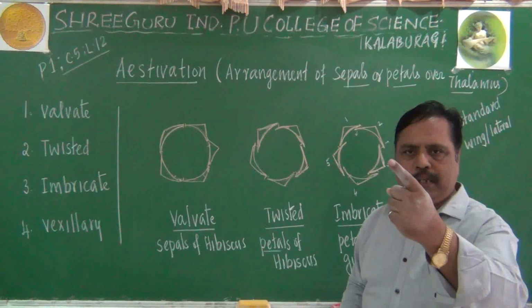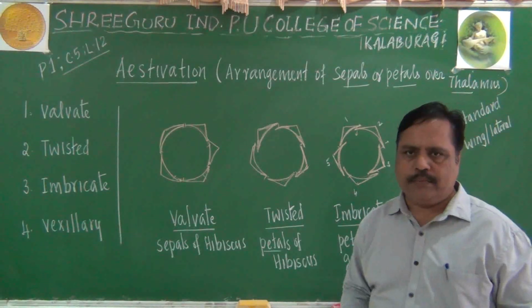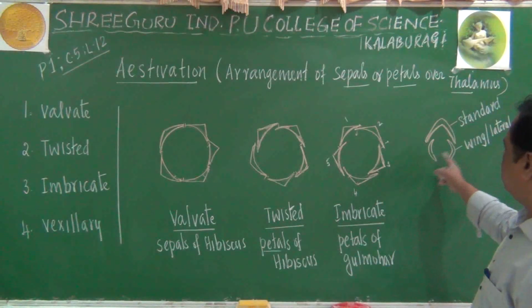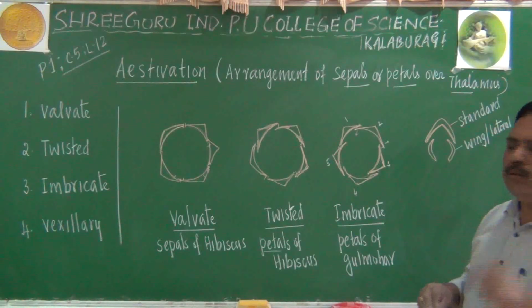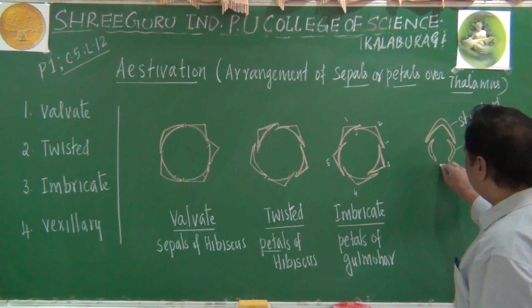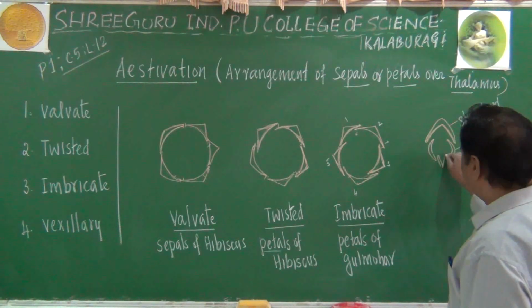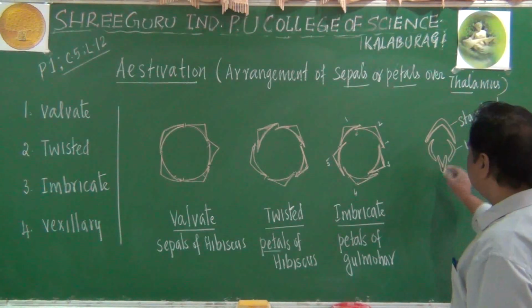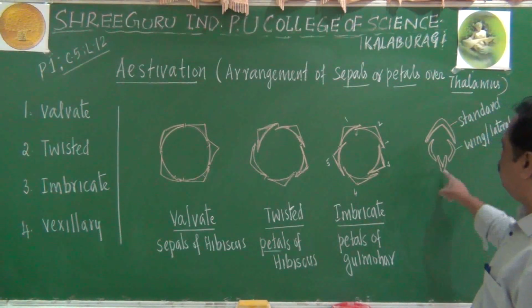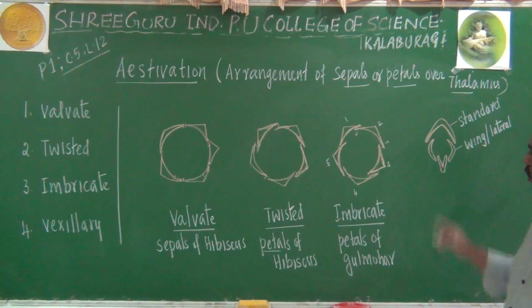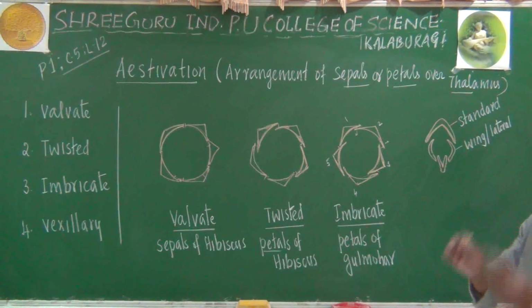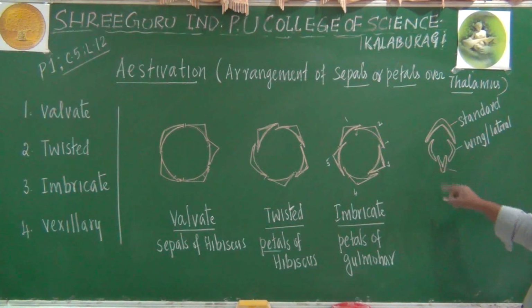So one is completely outside, the larger one, and 2 are on the lateral side. Remaining 2, the 4th and 5th, will be joined with each other. They are completely inside. Remember, these 2 petals are called keel petals.